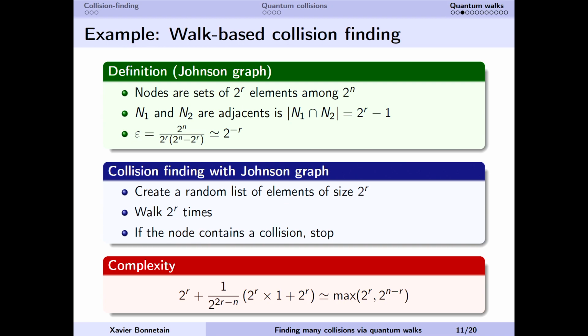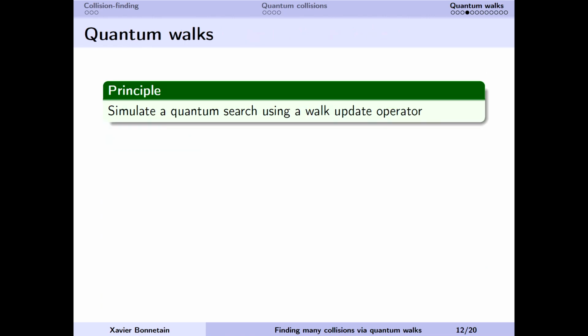However, as it is presented in a random walk framework, we can improve it quantumly with quantum walks. The general idea of quantum walk is to simulate a quantum search on a graph using a walk update operator.